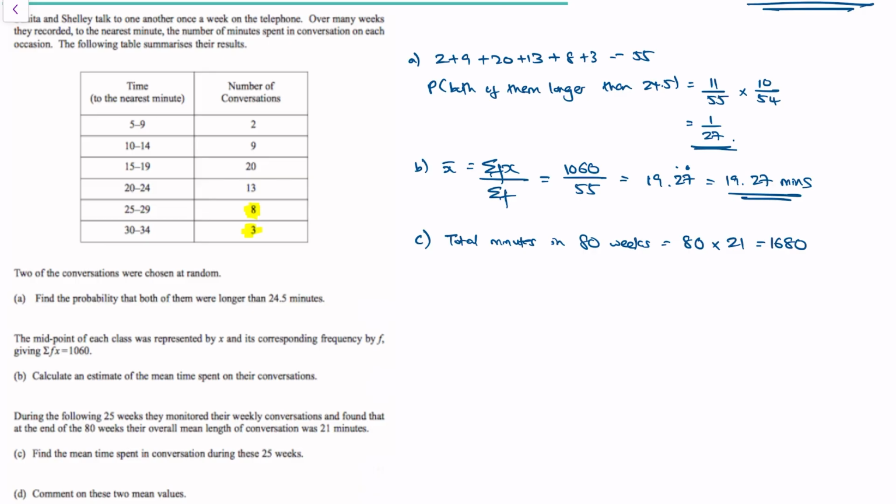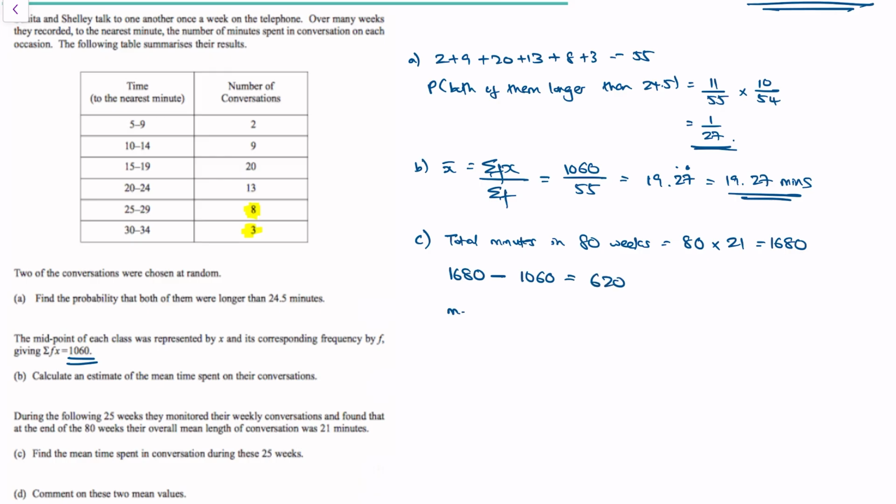Now we know the sum of the first 55 weeks was 1,060. So if 1,680 is for all the 80 weeks, if I take away 1,060, I'm left with what remains for the last 25 weeks. So that would be equal to 620.